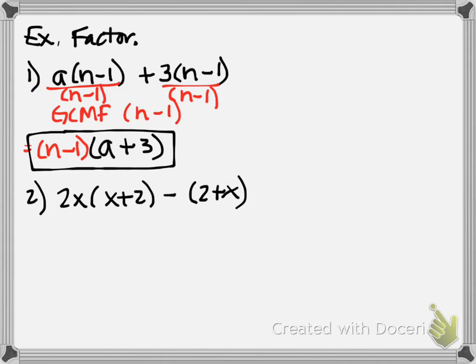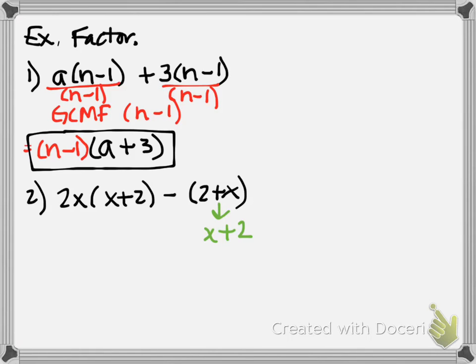Yeah. What's weird is kids will say, no, they have nothing in common, and I'll say, why? And they say, well, because one is x plus 2, the other is 2 plus x. But we have a property that you've learned for a couple different years called the commutative property of addition. And the commutative property of addition says you can change the order of what you add, and the value is still the same.